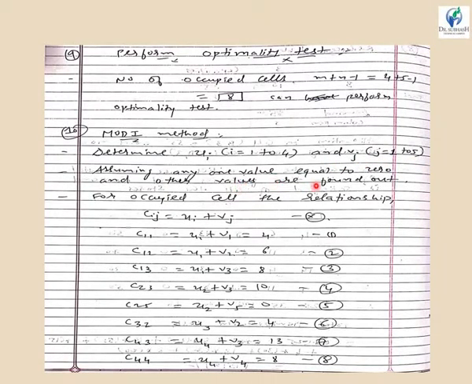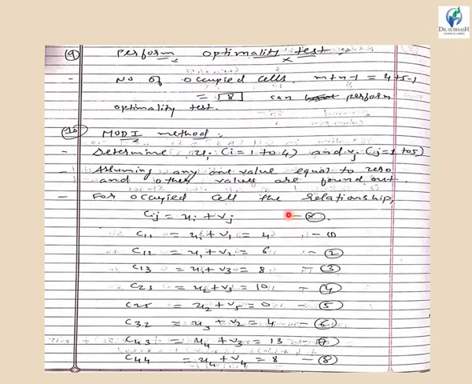Now assuming any one value equal to 0 and finding the other values. For occupied cells, the relationship used to obtain the values of ui and vj is given in equation x. The general relationship used is Cij is equal to ui plus vj.